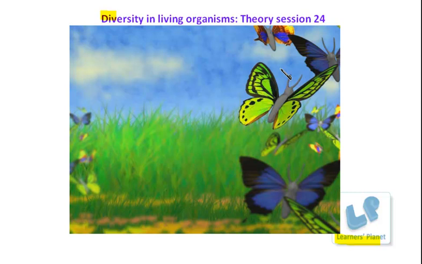So vertebrata is the group which includes those animals in which the notochord is replaced by the vertebral column. And this group includes the superclass Pisces, that we have already studied in the previous session, and next is the tetrapoda. So in today's session I am going to explain the superclass tetrapoda.